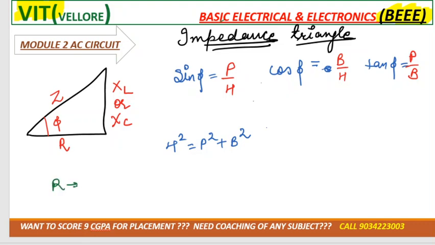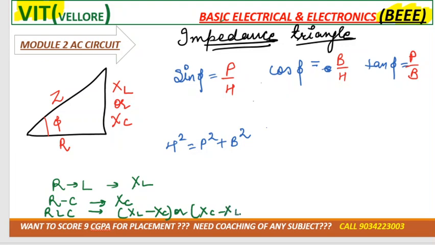If there is a circuit of RL, then we'll take XL. If they have given a circuit of RC in the question, then we'll take XC. But if they have given the combination RLC, then it depends. If XL is greater, we'll take XL minus XC, or if XC is greater, we'll take XC minus XL. Clear?